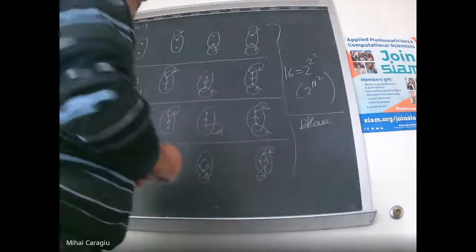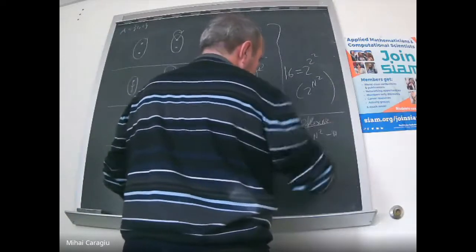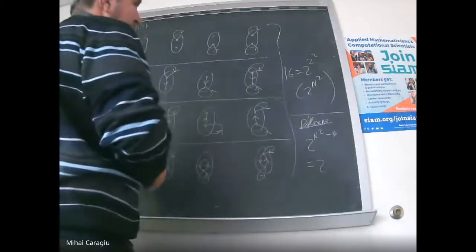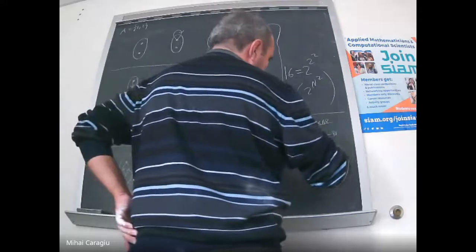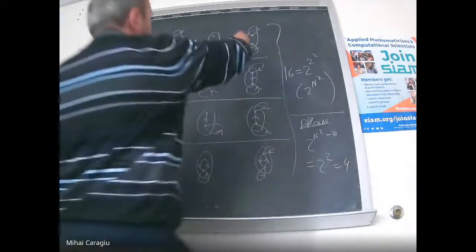Reflexive is 2 to the power n squared minus n in general, which in this case is 2 to the power 2 squared minus 2, so 2 to the power 2, which is 4. Reflexive means a loop at every point. So these are reflexive.